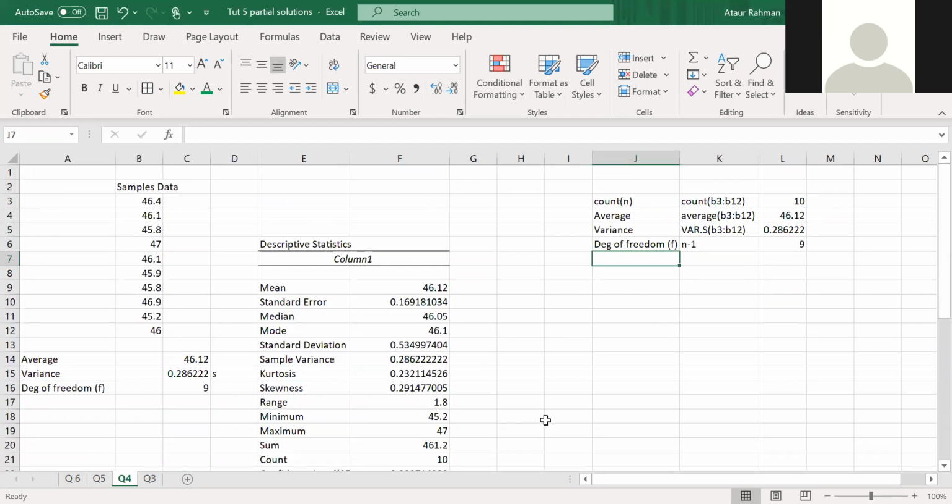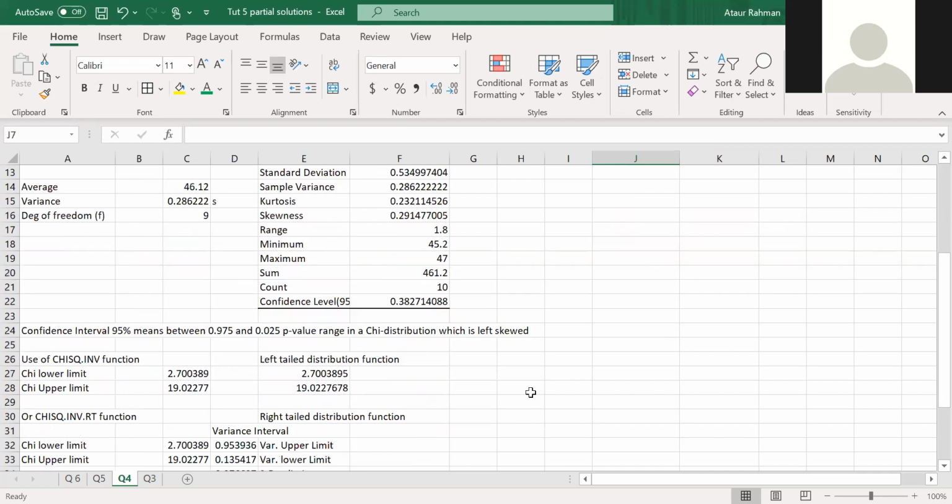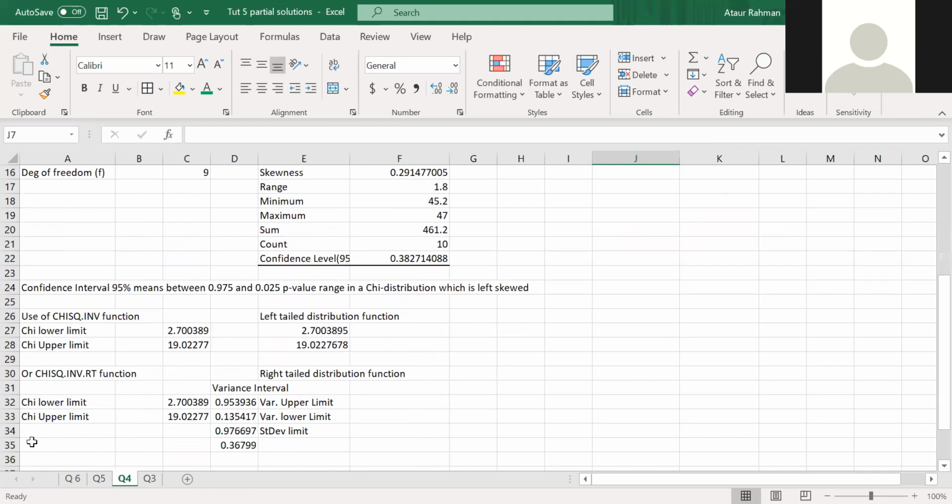So the function we'll be using... okay, so I will copy this text.